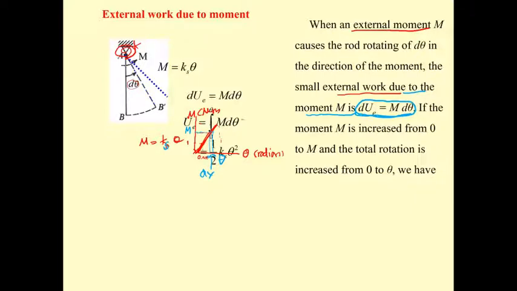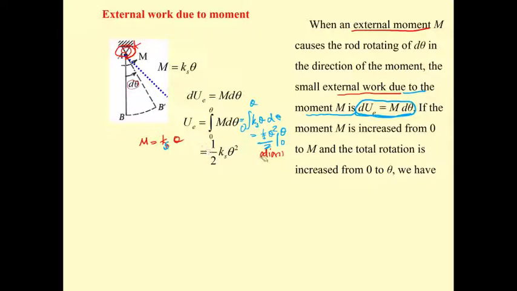So this is going to be the integral of k s theta dθ from 0 to theta. So this is going to be what? k s theta squared divided by 2 from 0 to theta. That is going to be 1/2 of k s theta squared.